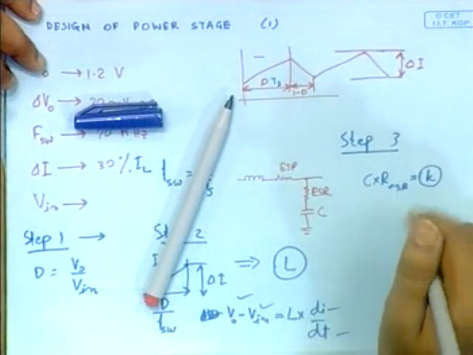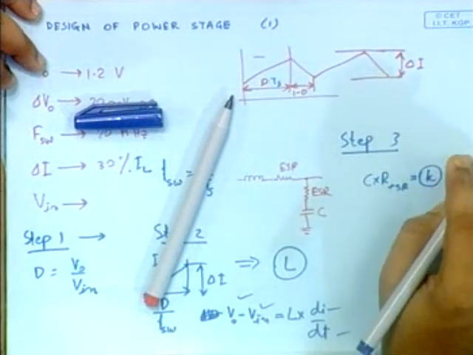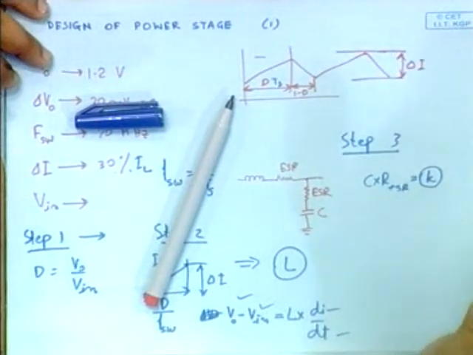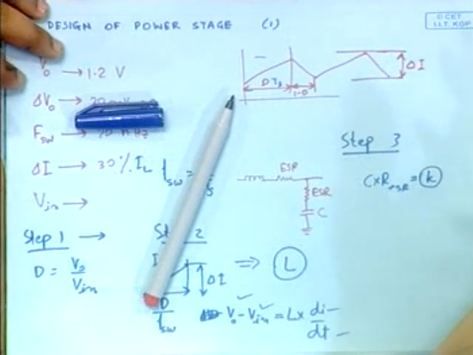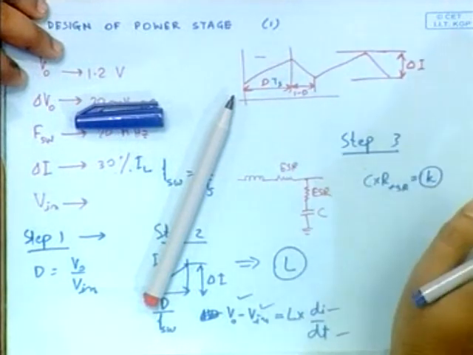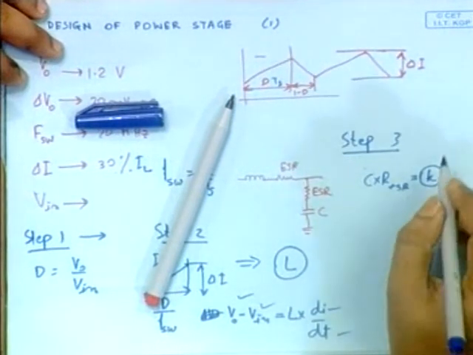So suppose you take any capacitors, say Philips or Murata or whatever, you go through the data sheet and you will find that C into R ESR is more or less a constant. So for a thumb rule you consider this constant.